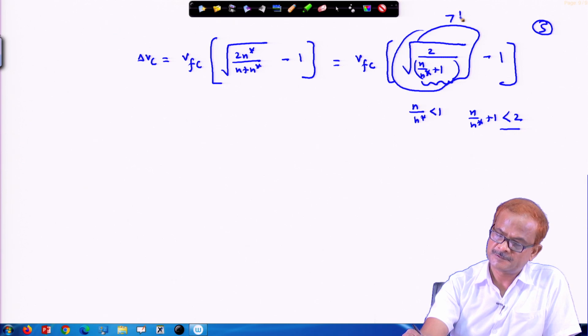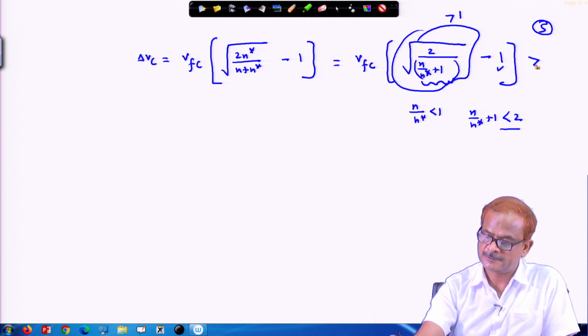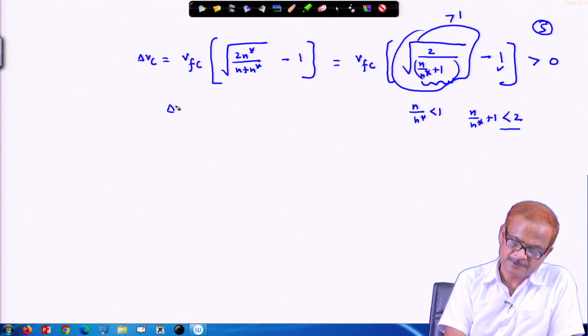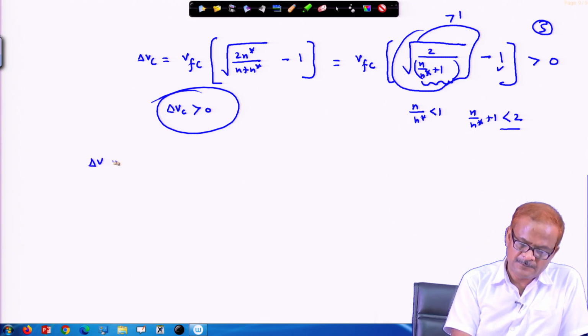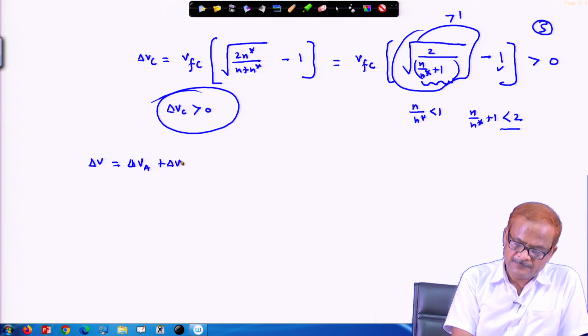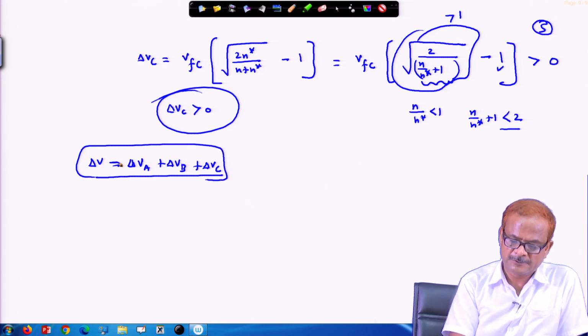So, this quantity is greater than 1, and from there if you subtract 1, this quantity delta V c turns out to be greater than 0. And now, you can add all of them, delta V equal to delta V a plus delta V b plus delta V c. So, this is the total impulse required.